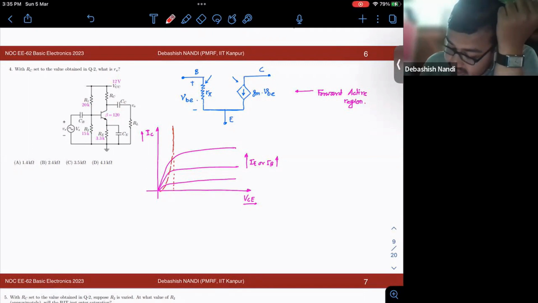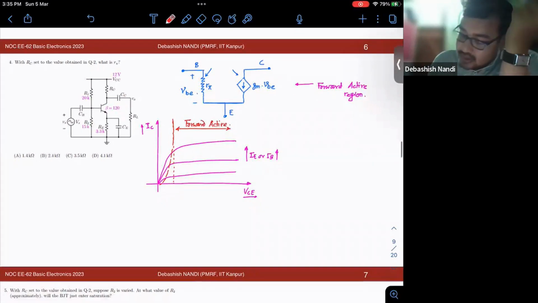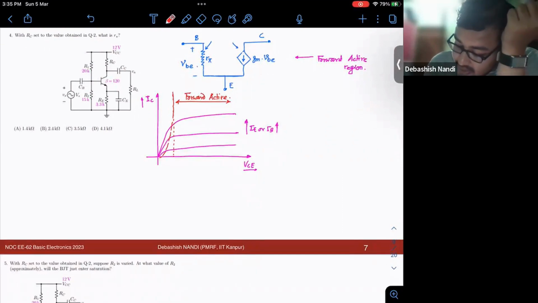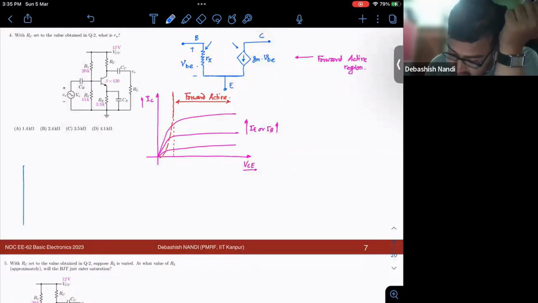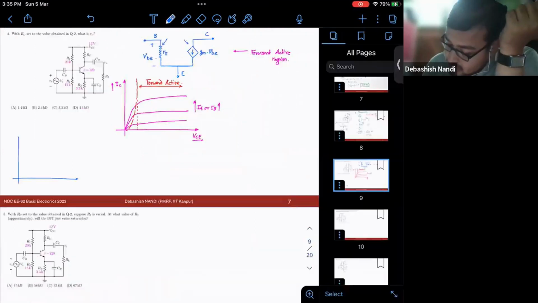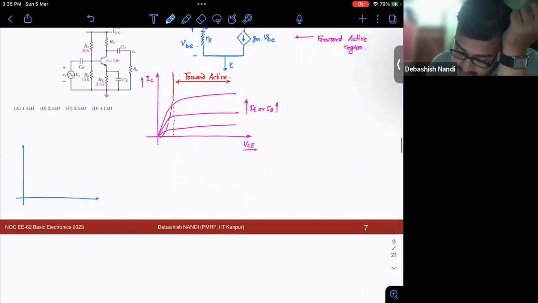Let's say this is my forward active region. Now tell me, how do I model this? If I just curtail the curve like this, it is an IV plot, right? Simply we have a straight line.